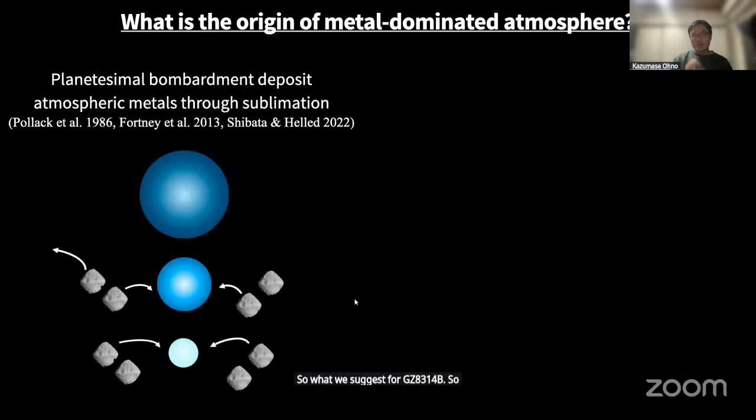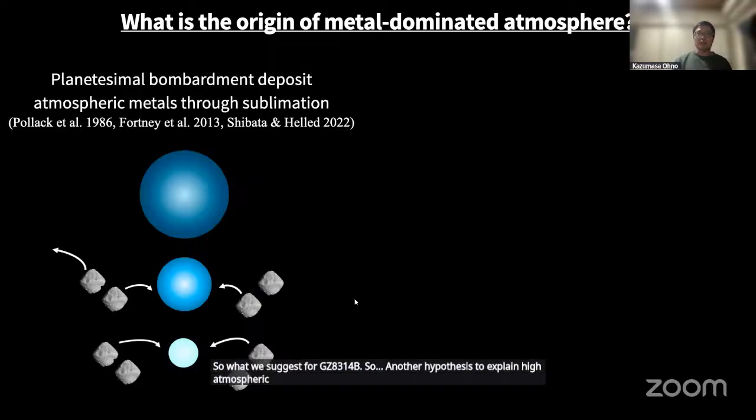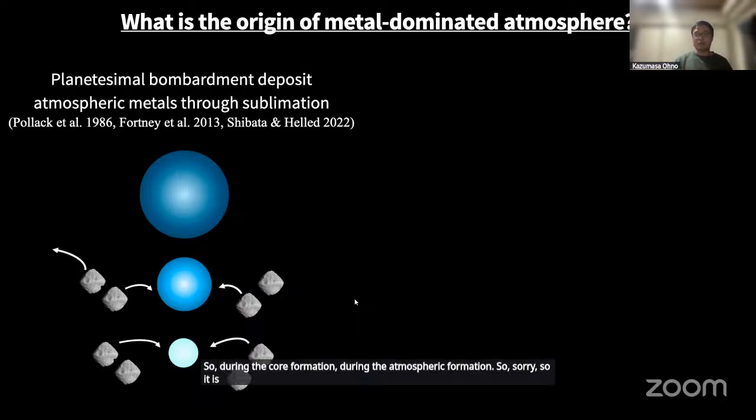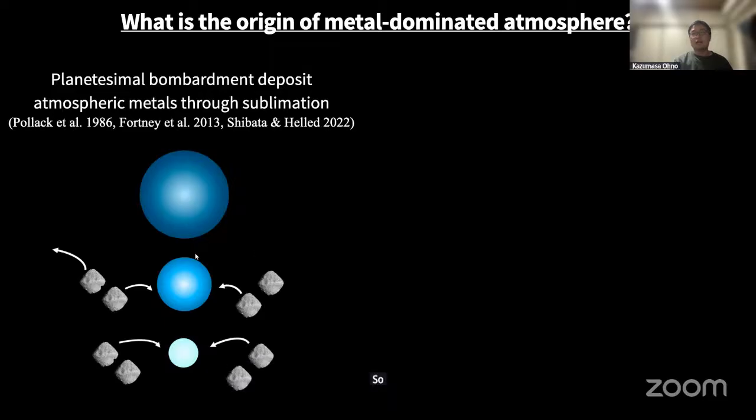Another hypothesis to explain the high atmospheric metallicity is the bombardment of planetesimals. So during the atmospheric formation, if the planets experience intense bombardment of planetesimals during the atmospheric accretion, such accreted planetesimals can sublimate to produce a vapor-rich or metal-rich atmosphere.